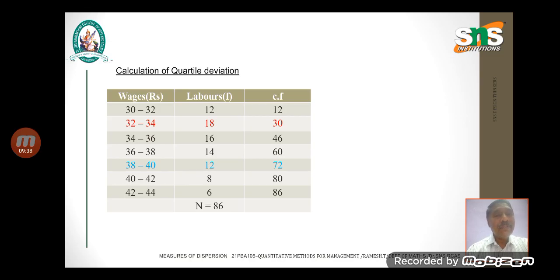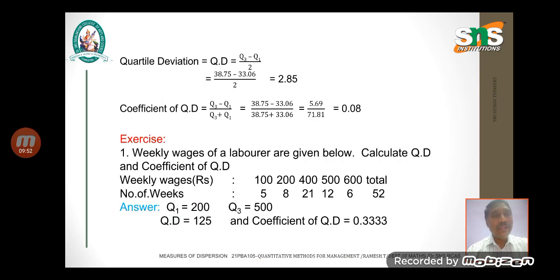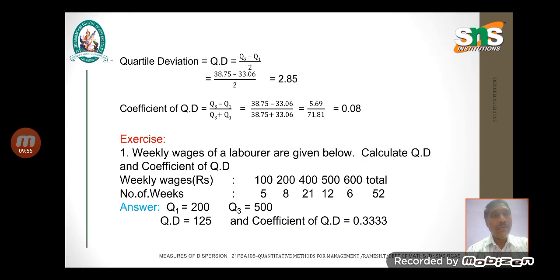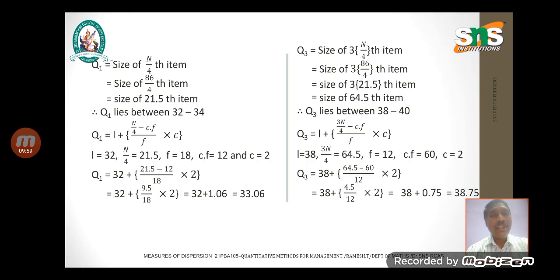Now we take the corresponding frequency F, which is 18, and the cumulative frequency CF, which is 12. The length of the class interval is 2. So how do we calculate the length of the class interval? 34 minus 32. Now we take L. L is 32.